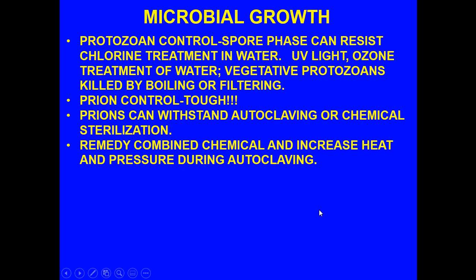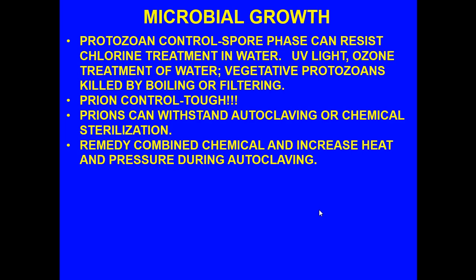For protozoan control, the spore phase of the protozoan can resist chlorine treatment in water. That's why you're going to be required to use ultraviolet light or ozone treatment of water. For vegetative protozoans, they can be killed by boiling or filtering. As I mentioned, prion control has been very, very tough. They can withstand autoclaving and chemical sterilization.